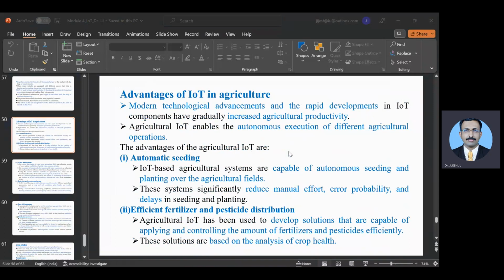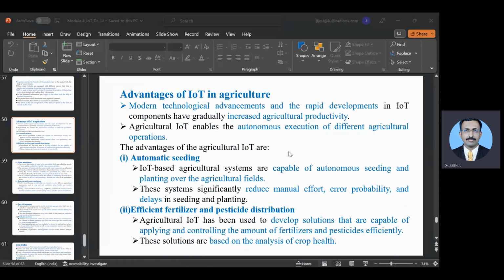Similarly, fertilizers and pesticides are the same way. If a pesticide is required for your land, then you need to analyze which pesticide is required and how much quantity is required. Different grades are there, like grade 1, grade 2 and so on.